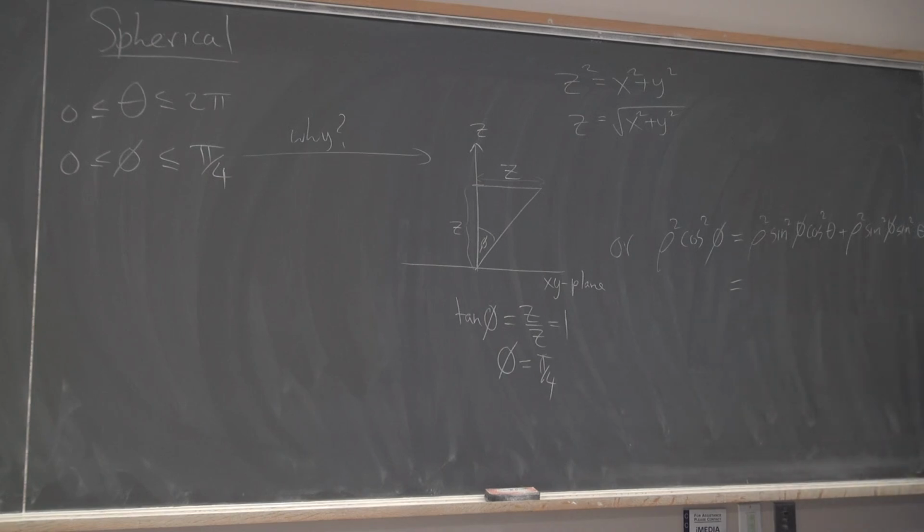How would I simplify this? Cancel out all the rhos.